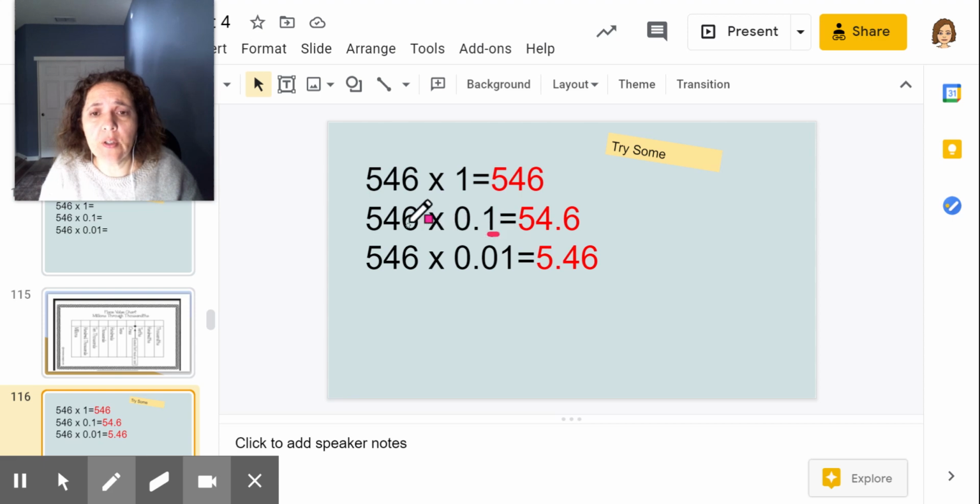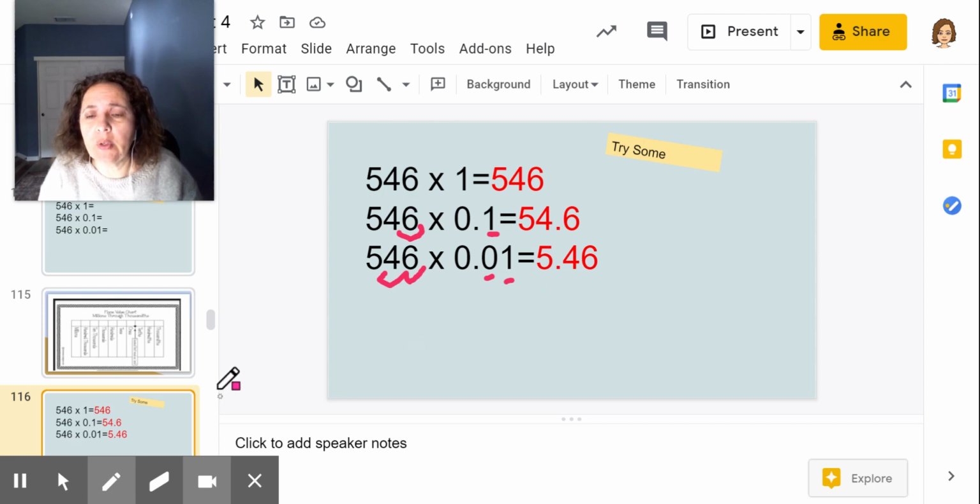One place value, so that means add a decimal. 546 times 1/100, 2 place values after the decimal, so it's going to shift over 1, 2, sorry, 5 and 46 hundredths, okay?